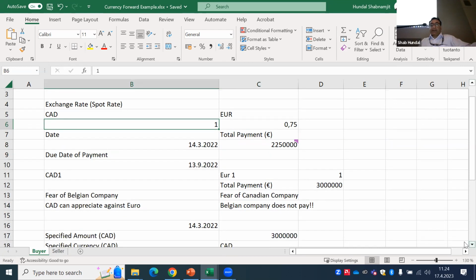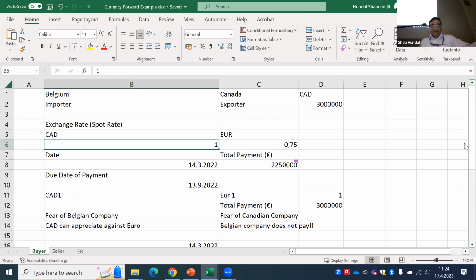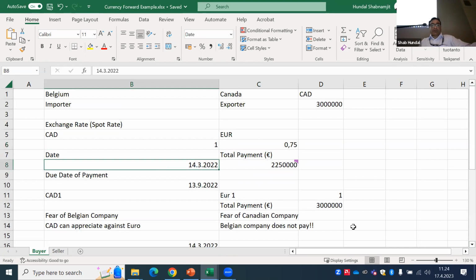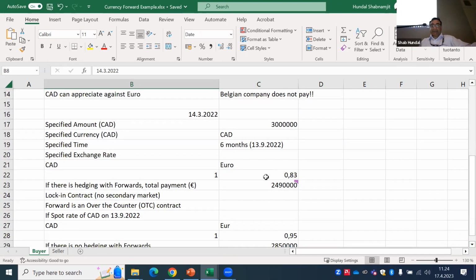And the forward rate, and remember, this is on which date? 14th of March. And this is the forward rate you fix with the bank. And this also you do on 14th of March.